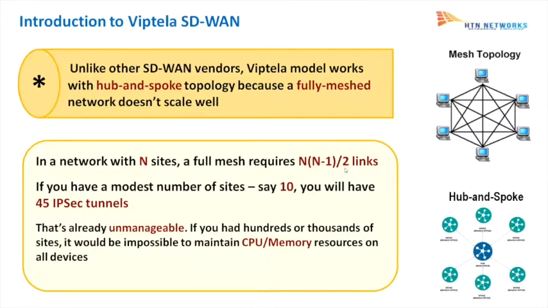When you have hundreds of branches, your fully meshed solution doesn't scale well, because your CPU resources and memory resources get impacted by that number of tunnels. You have to keep the information about that many tunnels in the controller memory or the CPU, so it gets exhausted. Faisal, can I add something to explain this?